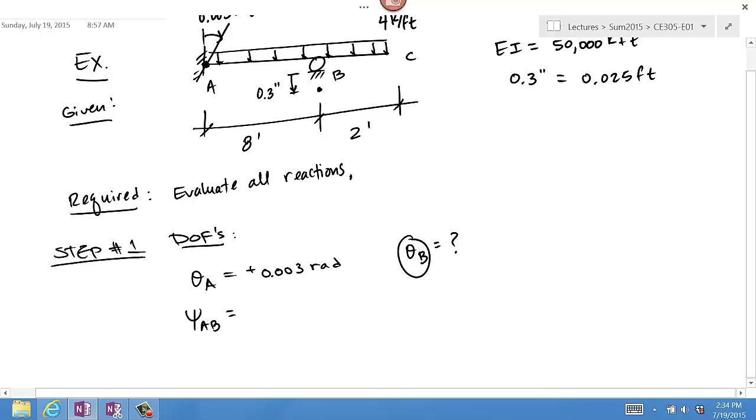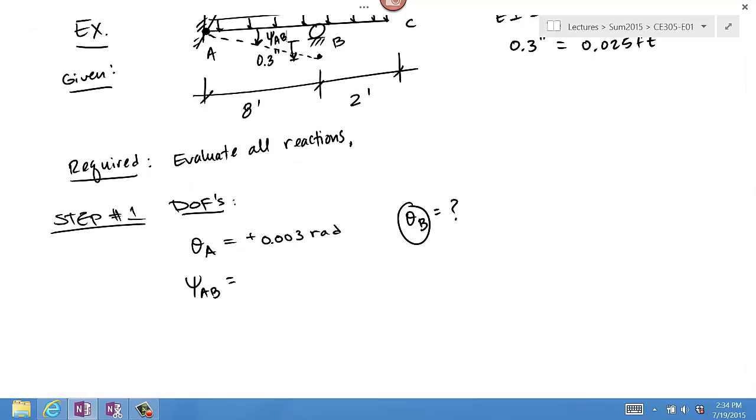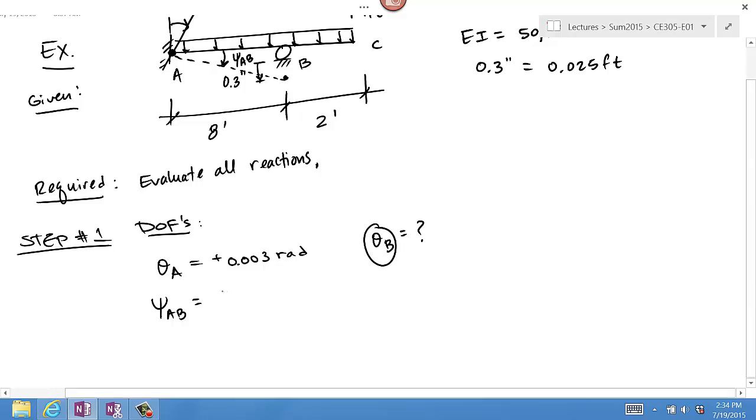Point A stays at A, and if you were to draw a line, I'm going to show it dashed here, a straight line, then the angle that the solid line, meaning the original chord, makes with the dashed line, the new chord, this is called psi AB for this span. So the way we numerically define psi AB is by, again, delta over L, which is 0.025 feet divided by the original length of 8 feet.